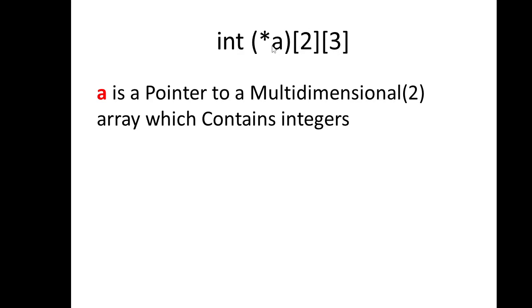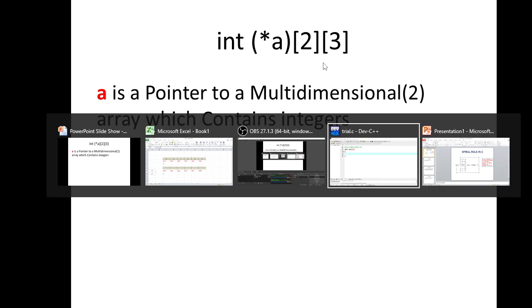Okay, a is pointing to that array. So the contents of the array are all integers, but a is one single value, a single address value that is pointing to the base of that integer array. Okay, that I will show you with programming examples, and some other examples also I'll show.